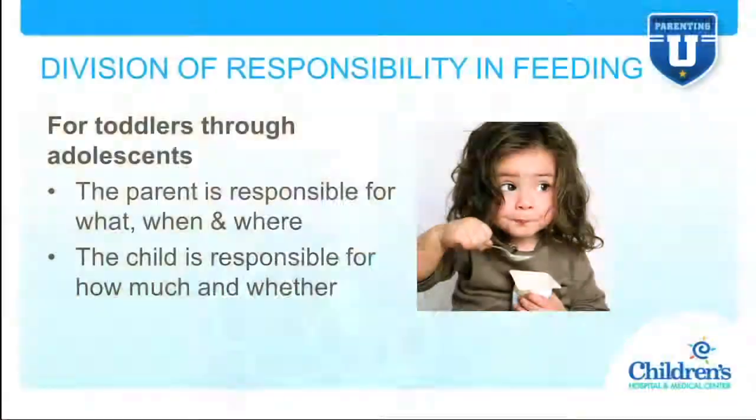When you do feeding, you're responsible for putting the food in front of the child and saying when this is going to happen, and you also control the menu, if you will, to some degree. The child is responsible for how much of that food they're going to eat and whether they're going to eat it or not. So this is when we talk about the no thank you bites, right?